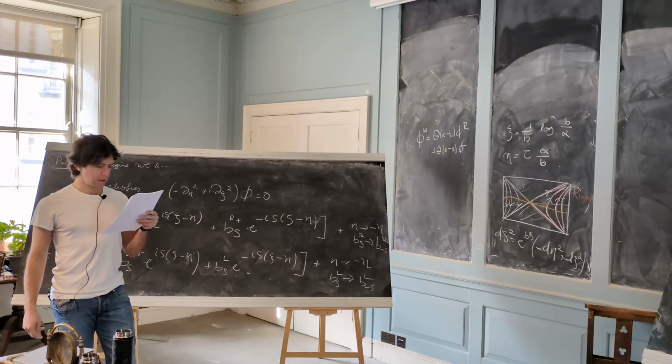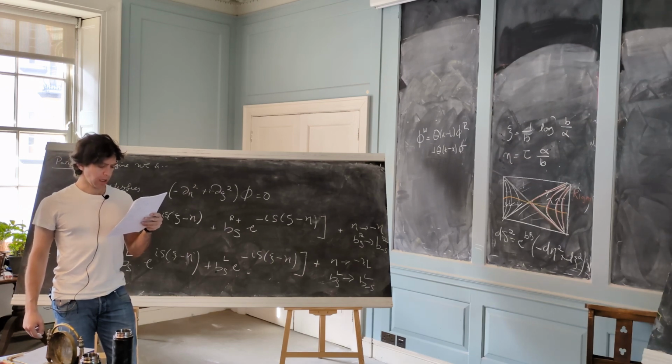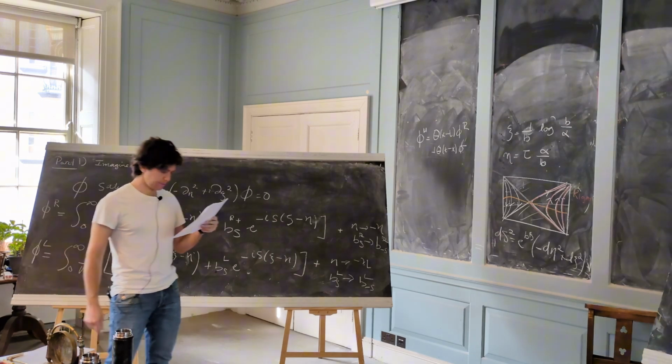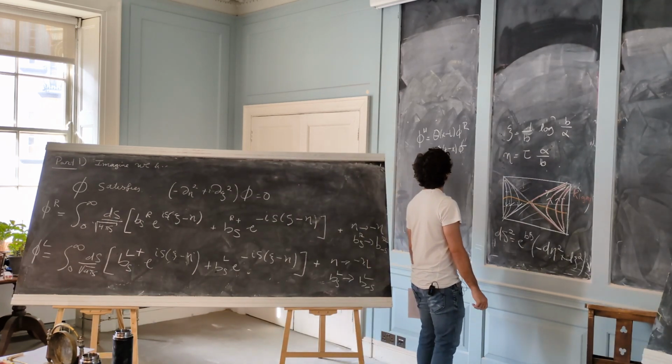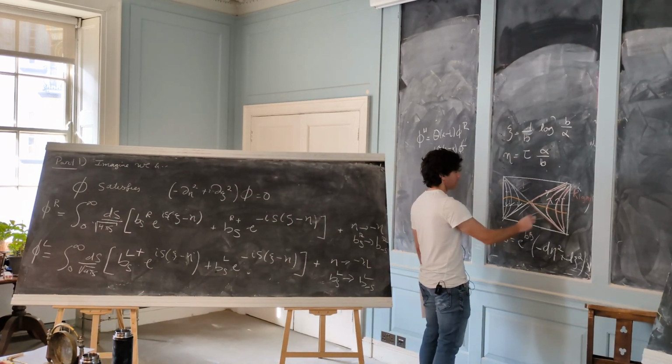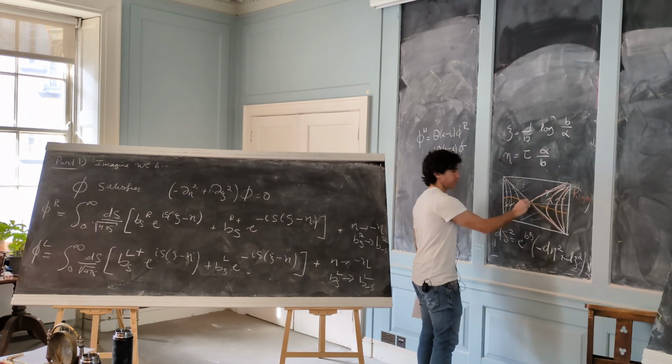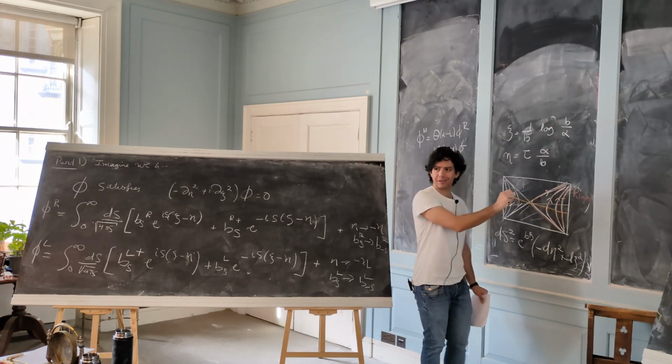Okay, I have to think about it. You might be right. But I think that, yeah, you should have t equals x in order for it to be the null ray, right?